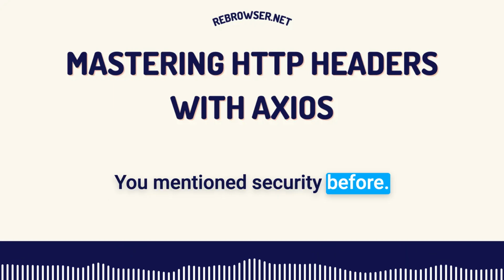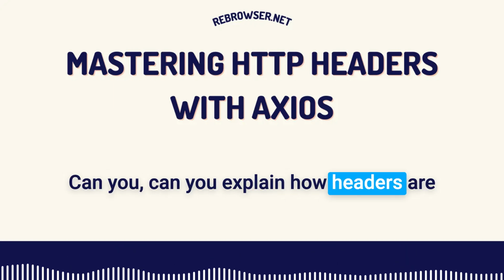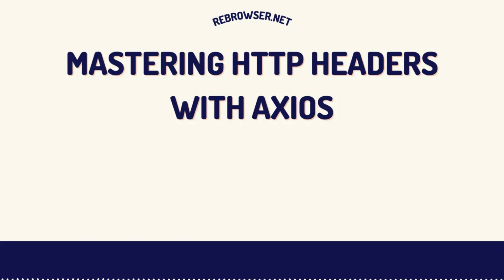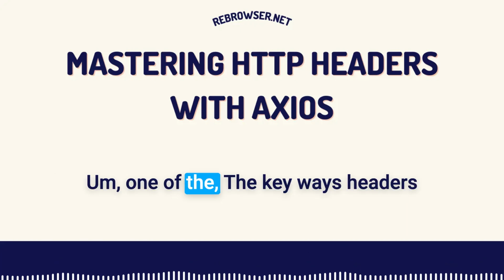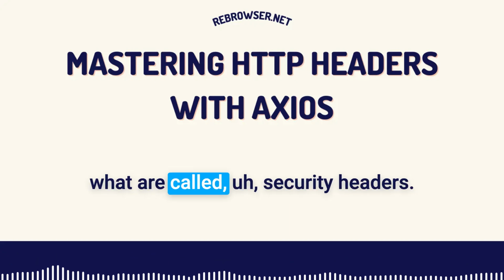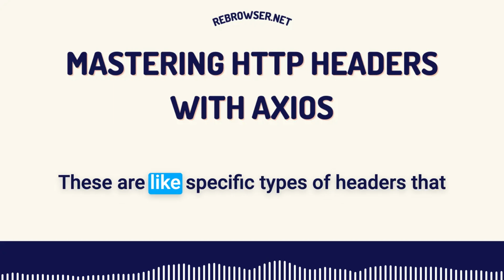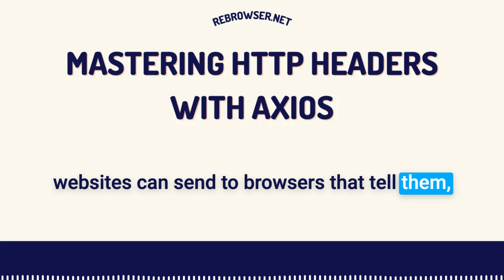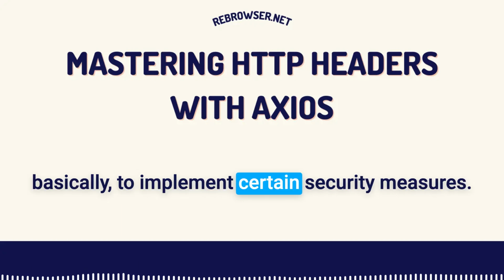You mentioned security before. Can you explain how headers are involved in keeping our online activity safe? Absolutely. One of the key ways headers contribute to web security is through what are called security headers. These are specific types of headers that websites can send to browsers that tell them basically to implement certain security measures.